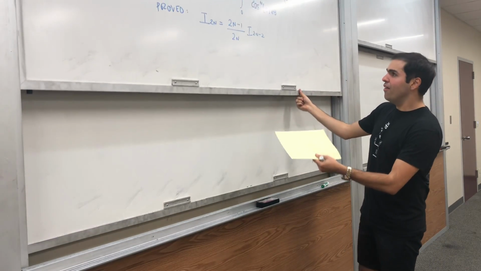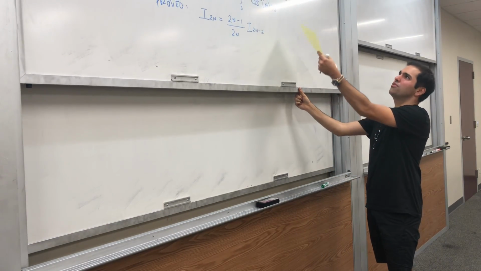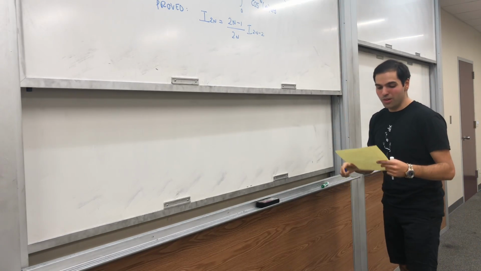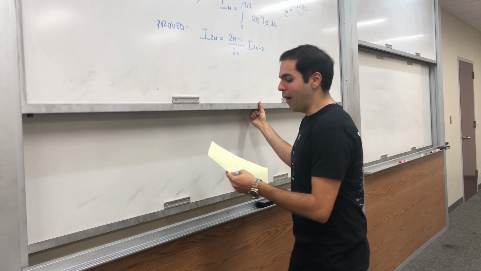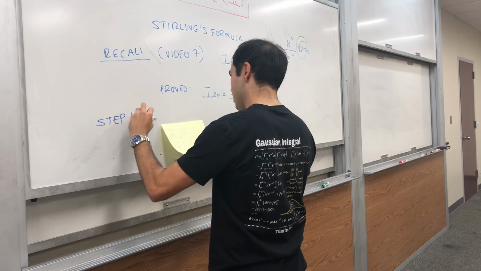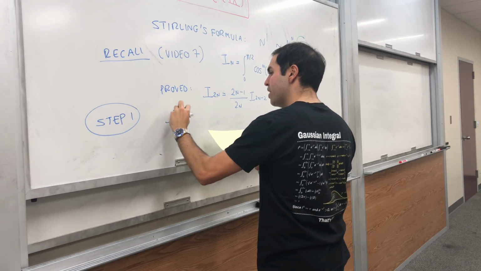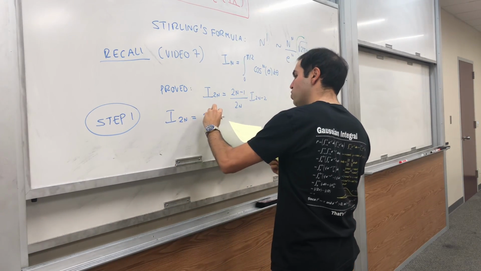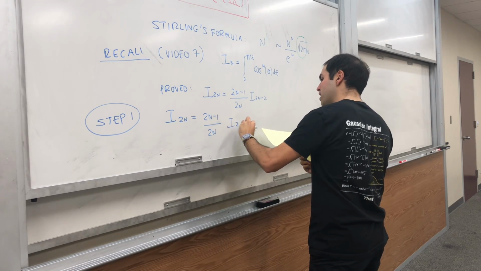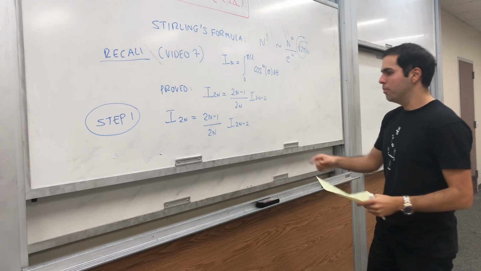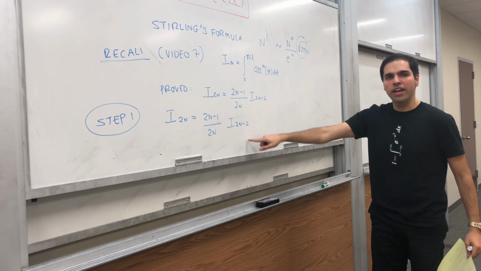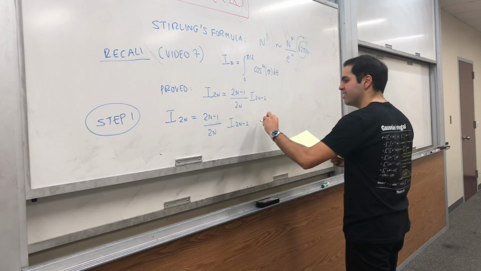Okay, and now somehow we can use this formula, again not quite clear how, to prove our Stirling's formula. So, step 1. I of 2n, well, that's 2n minus 1 over 2n, I of 2n minus 2. But of course, because it's recursive, we can just continue that way until we arrive at I_0.